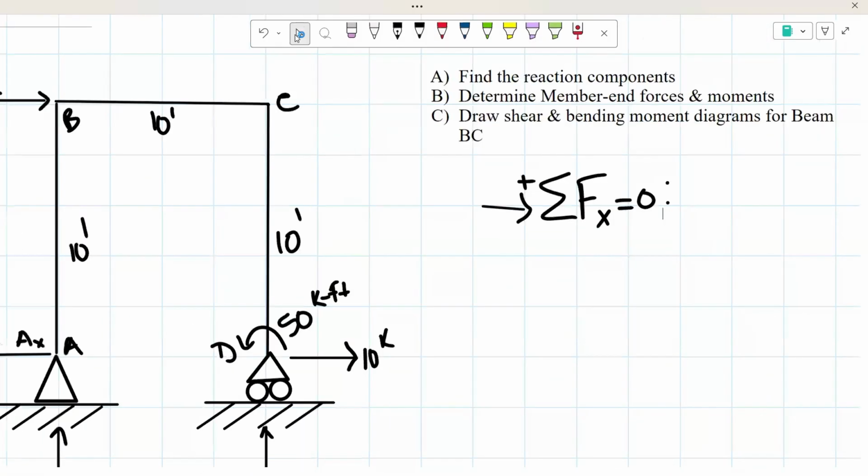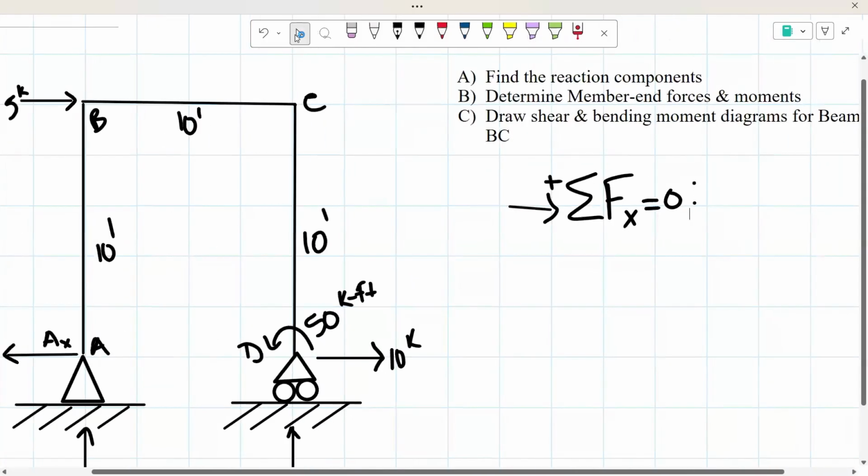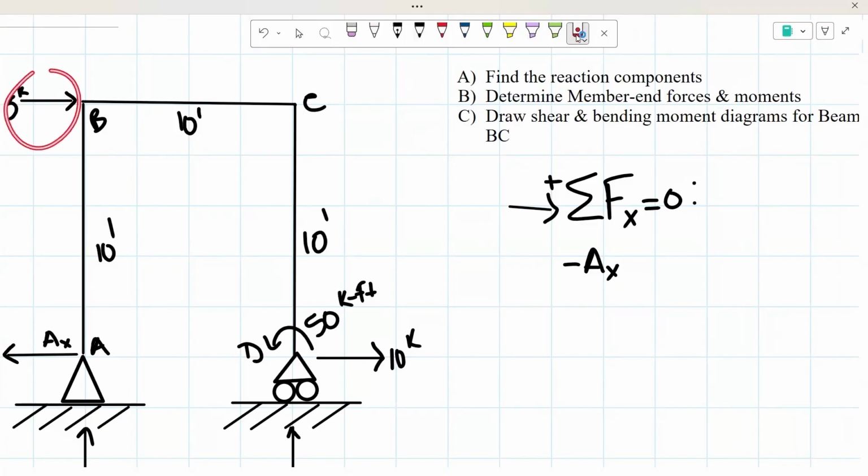So here we have our A of X, where we assumed that it's going to the left, so that's negative A of X. Then we have our 5 kips up here at the corner going to the right, so that's positive 5 kips. Then we have our 10 kips also going to the right, so that's another positive 10 kips. That all has to equal 0.